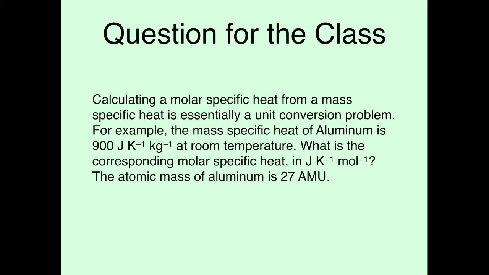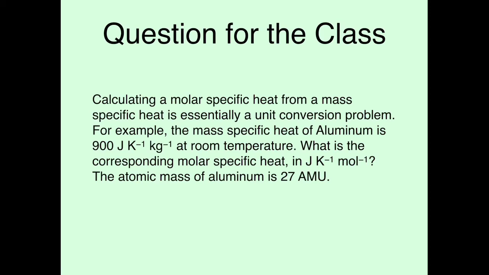So calculating a molar specific heat from a mass specific heat is essentially a unit conversion problem because again, we're converting from kilograms to moles. So for example, the mass specific heat of aluminum is 900 joules per Kelvin kilogram at room temperature. What is the corresponding molar specific heat in joules per Kelvin mole?